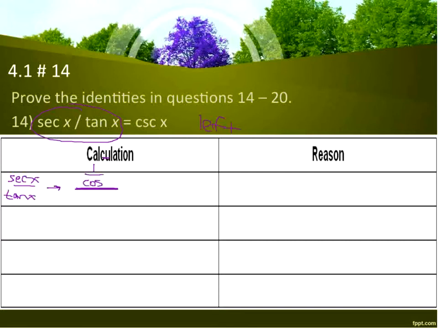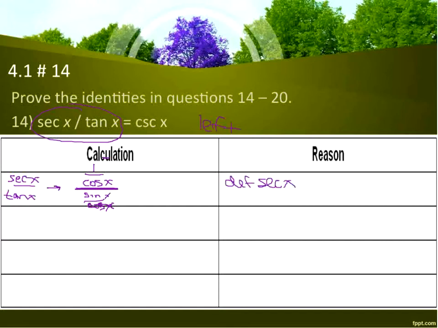So secant is the same as 1 over cosine x. And tangent, if I'm looking at my quotient identities, tangent is the same as sine over cosine. They don't give us enough space, or I didn't leave myself enough room here. So what would my reason be?